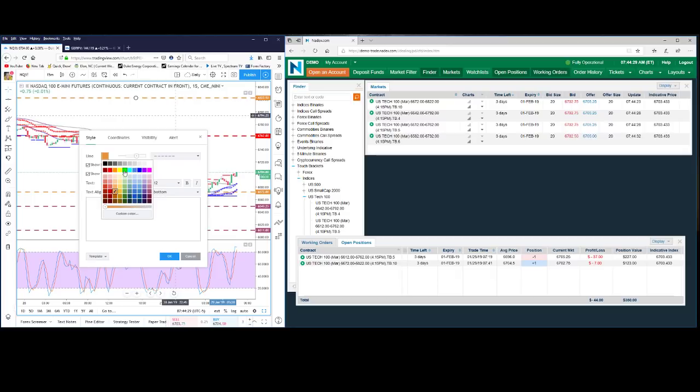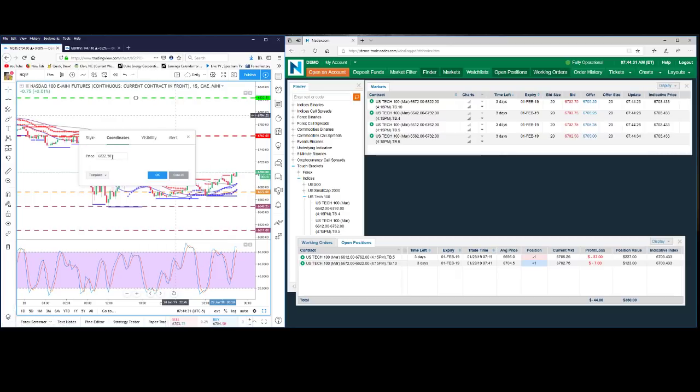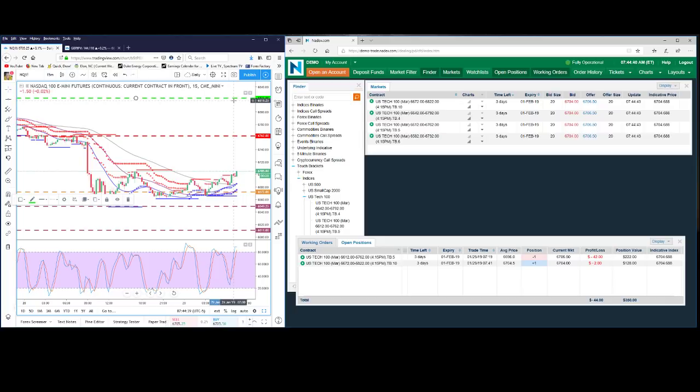And we'll put this one in green. So this is the profit potential on the long position. And this one actually is 6612, I believe it is. Yeah.